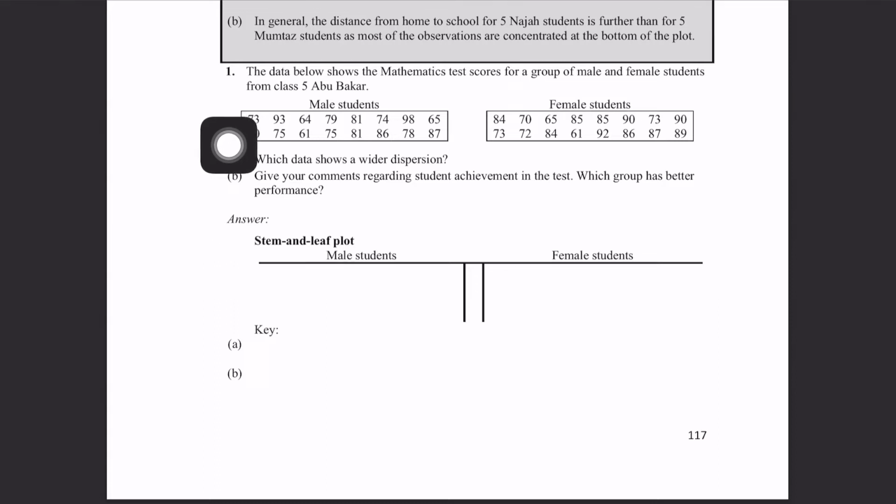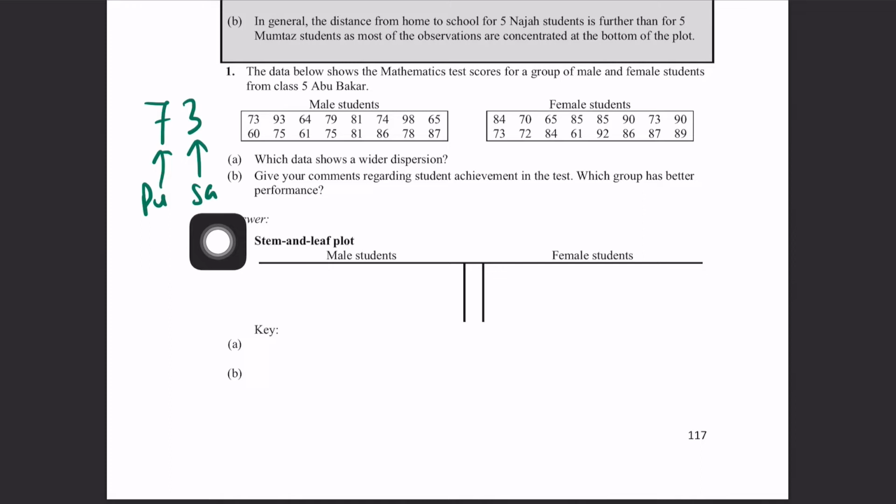Tens kan, apa dalam bahasa Inggeris, kita dah belajar masa sekolah, 73 contoh. Ini rumah sa, ini rumah puluh. Betul lah, ini tens, ini digit kalau tak silap saya. Boleh check balik nanti. So yang puluh ni kita jadikan sebagai stem. Leaf adalah dia punya nombor sa.